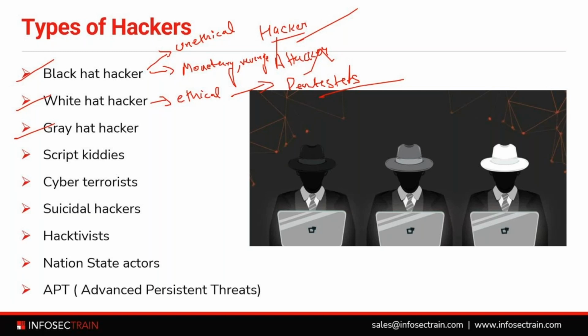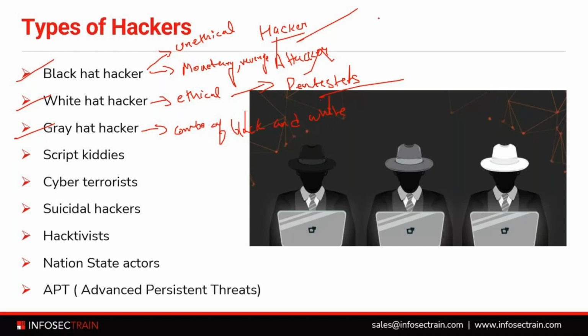Now, when we are talking about gray hat hackers, these are the combo of black and white. Now, why do we say that they are the combination of black and white? We have always heard that they are the combination of black and white, but how are they a combination of black and white?